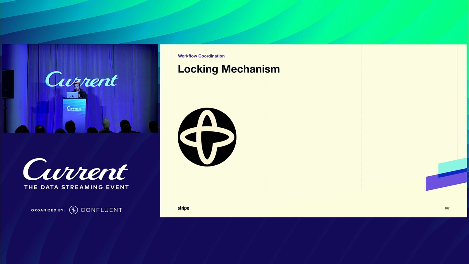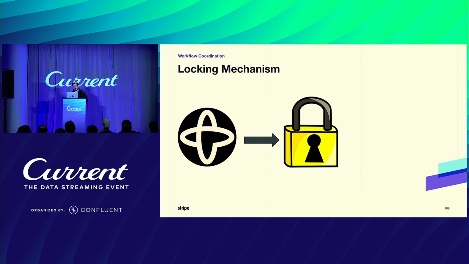So the locking mechanism works in the following way. Let's say you want to replace a host within a cluster. You start by running the replace broker workflow. What you then have to do is acquire a lock on the cluster.